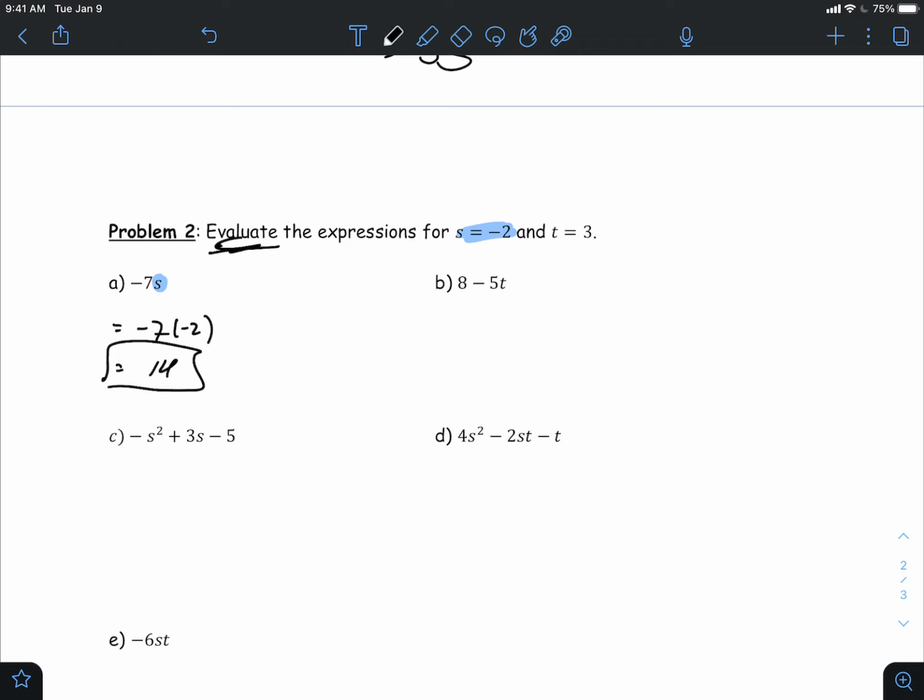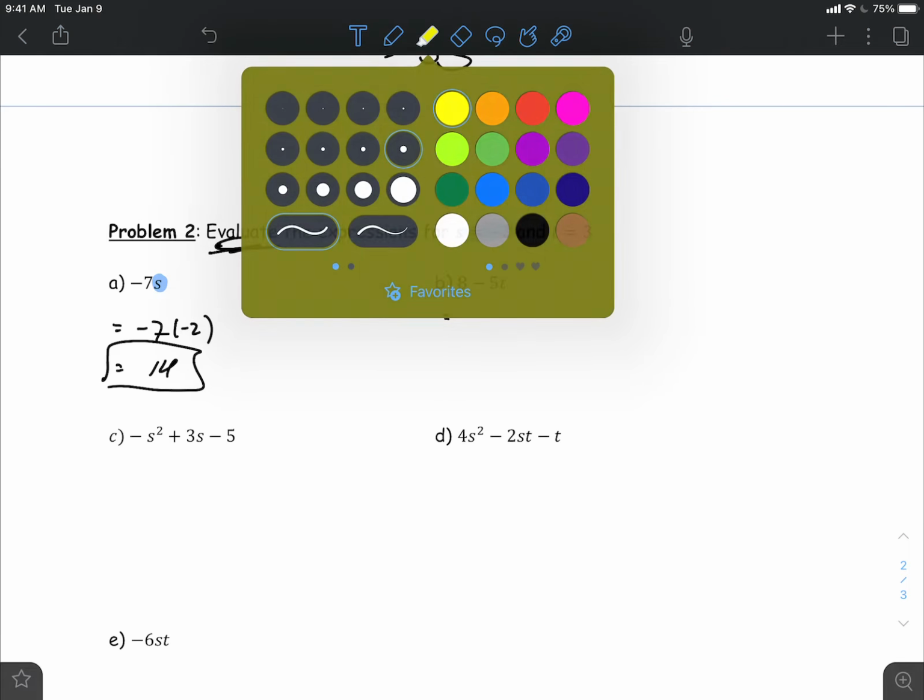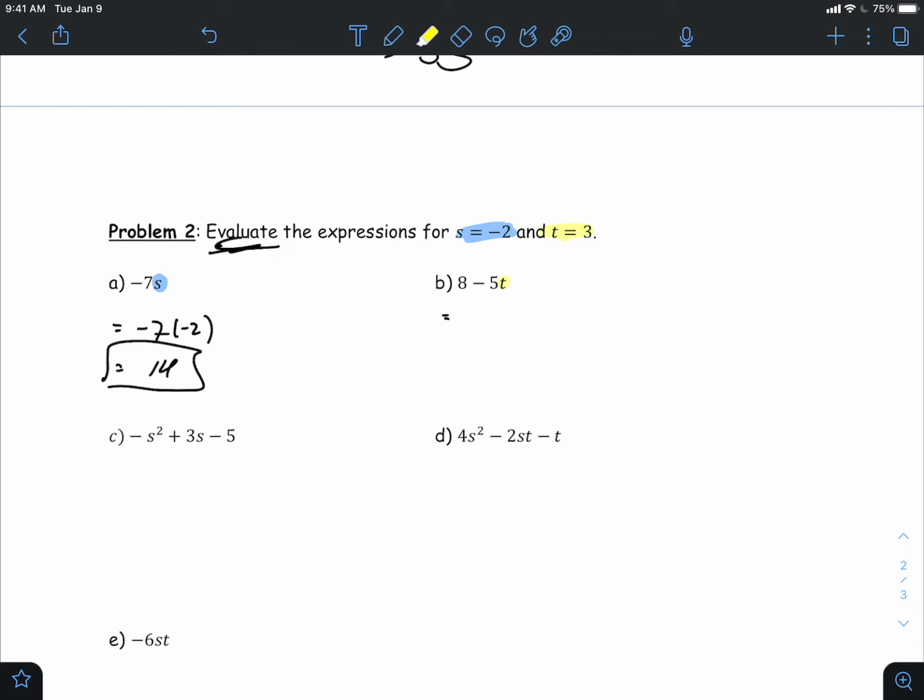Okay. And for this one, we're going to go 8 take away 5t. T we know as being 3. So let's do that. 8 take away 5 times 3. Can you do 8 take away 5 and then multiply the answer by 3? Are you allowed to do that?